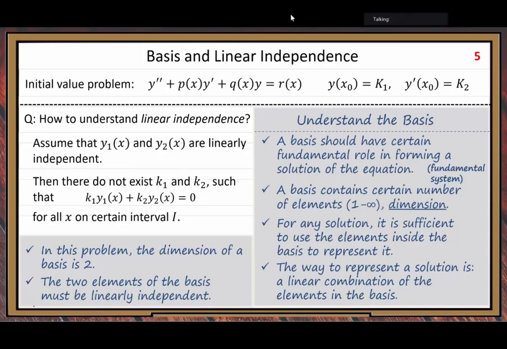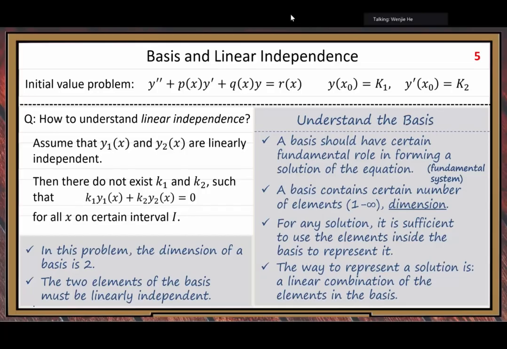If for some points in the interval it equals 0, and some points in the interval not equal to 0, it's different. So here the definition is for all x on certain interval. For all x on certain interval.